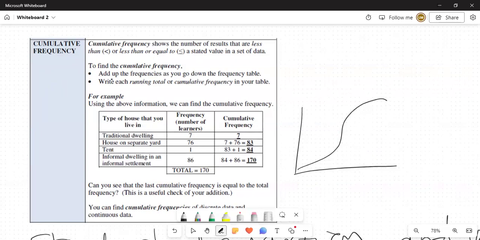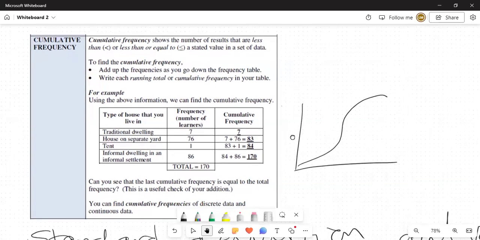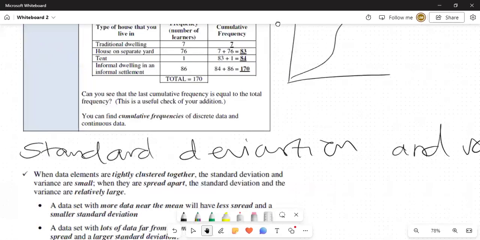And once you have that graph, you should be able to find the 50% quartile. Normally we use numbers, so it's kind of hard to show using these letters. But again, if you check out some past papers, you'll see how we can do it.